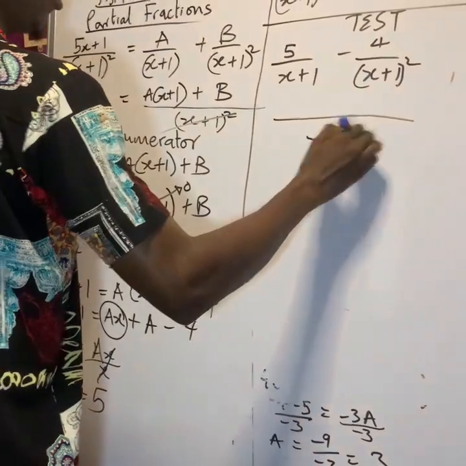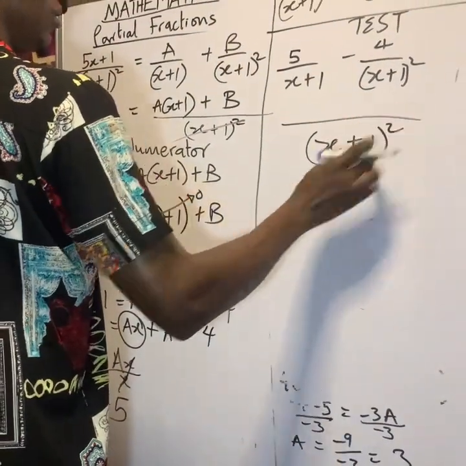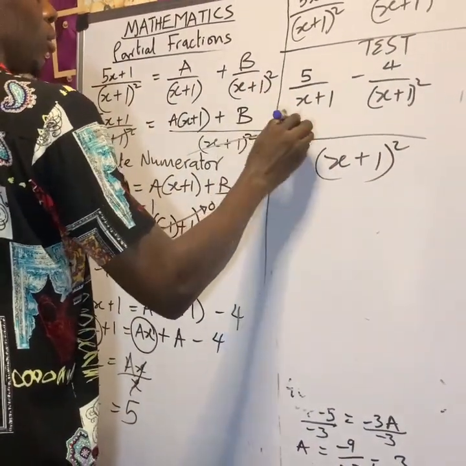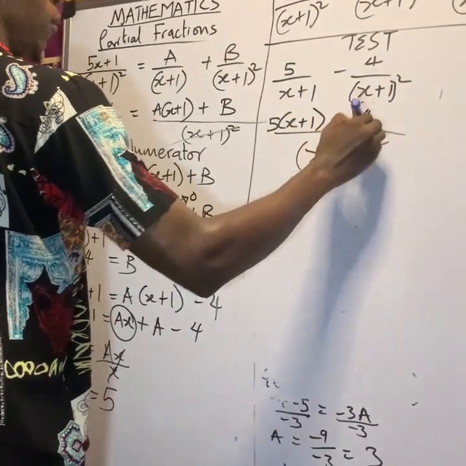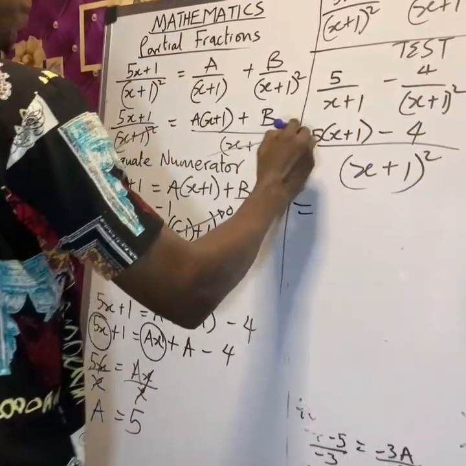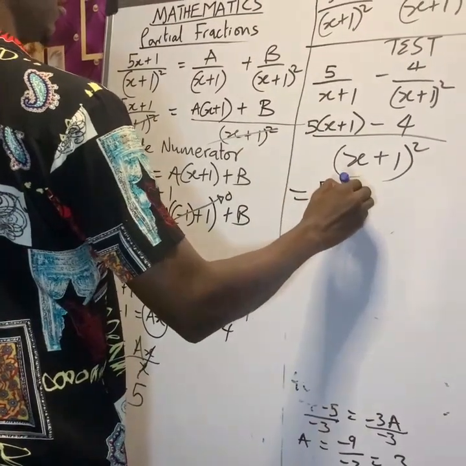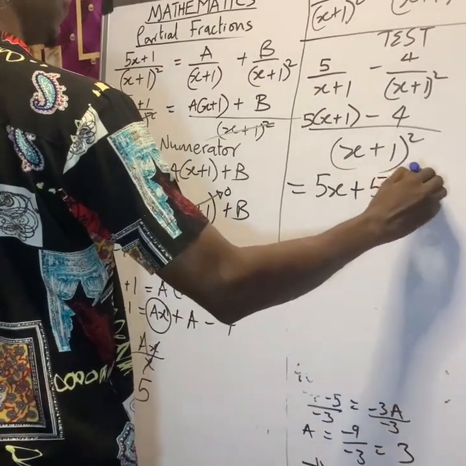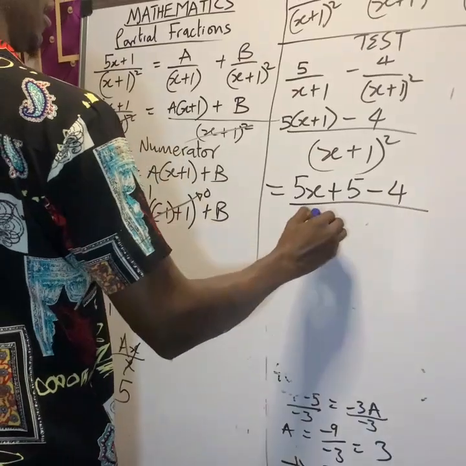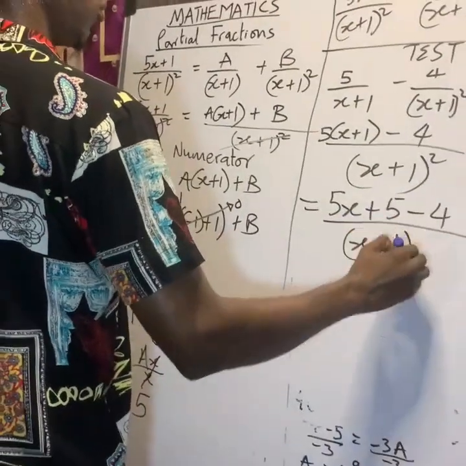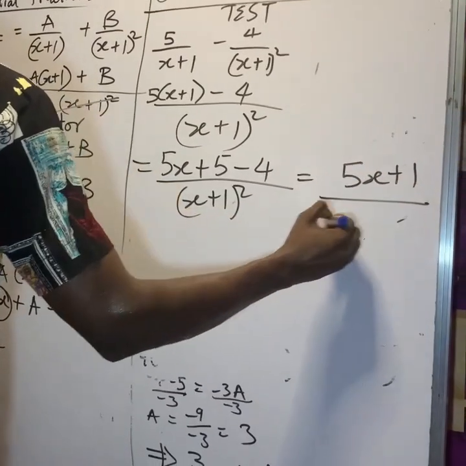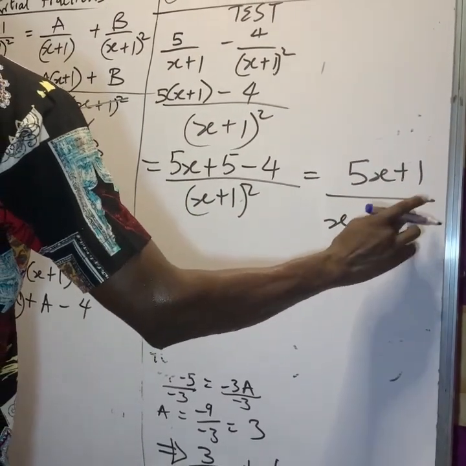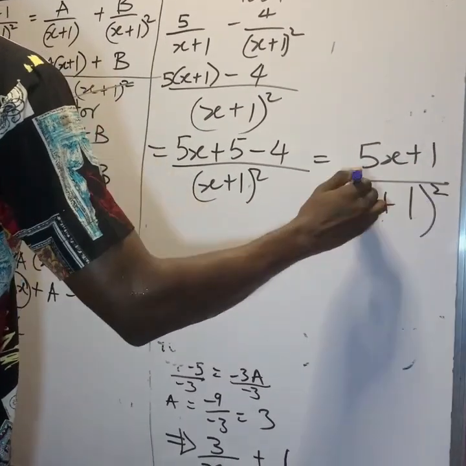LCM is (x + 1)². This divided by this is what? (x + 1) - 4. So that gives you 5x + 5 - 4 over (x + 1)², that is (5x + 1) over (x + 1)².